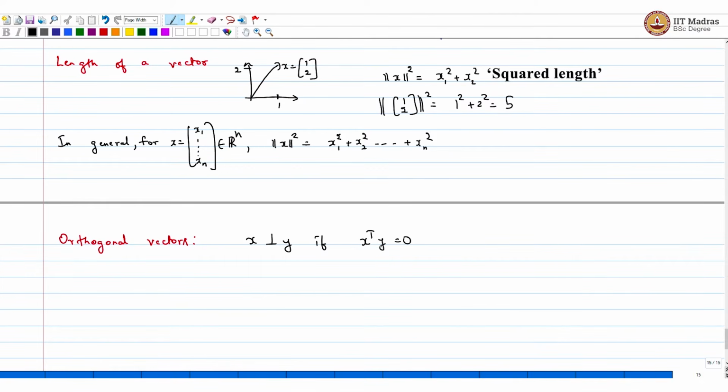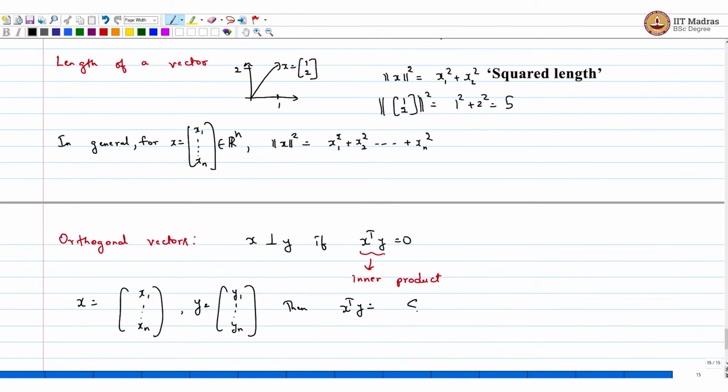Here this is called the inner product, or dot product in some books. So if x equals (x1, ..., xn) and y equals (y1, ..., yn), then x transpose y is the summation of xi yi, i equals 1 to n.